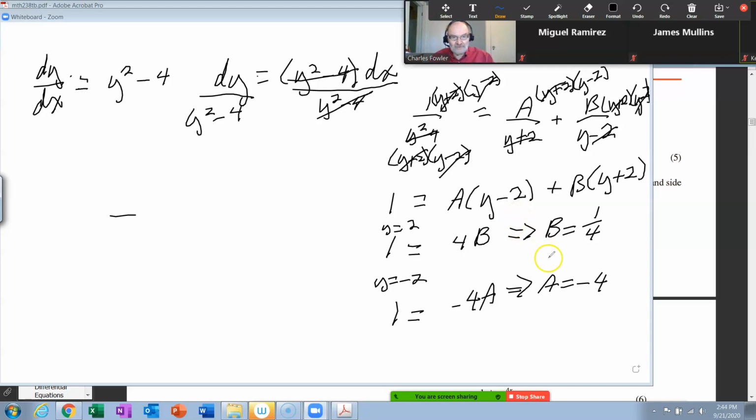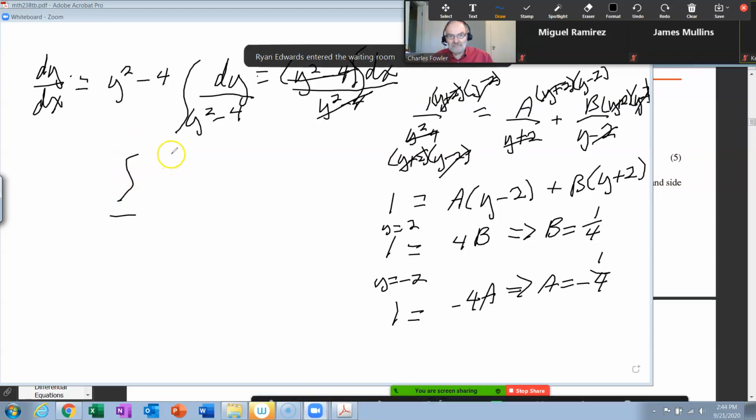Negative 1/4, sorry. Okay, now, this equation here, that integral here, we're going to integrate this as well. This one would be the same as the integral of, I'm going to put the b in.